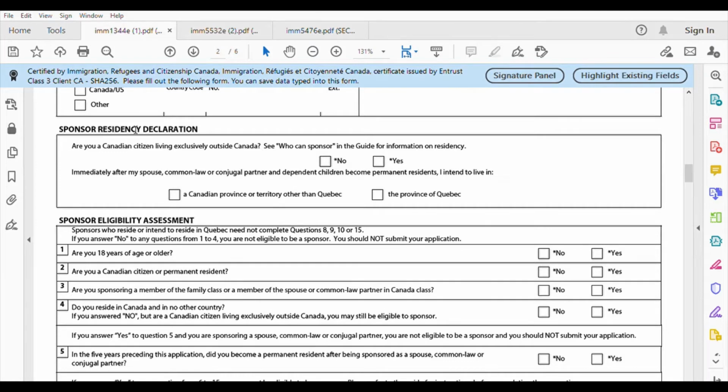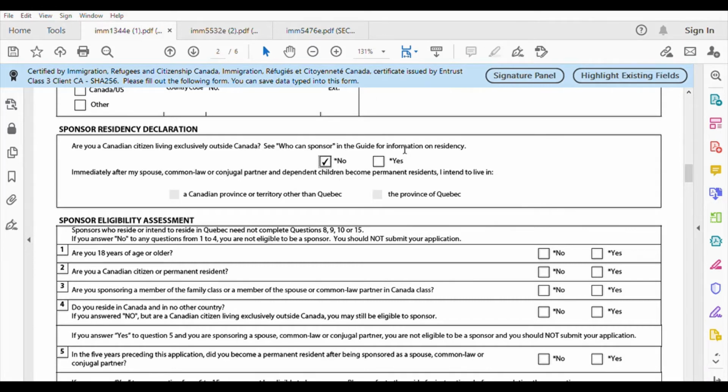Sponsor residency declaration. Are you a Canadian citizen living exclusively outside Canada? So you choose no or yes. Immediately after my spouse, common law, conjugal partner, etc., I intend to live in a Canadian province other than Quebec. But in our case, we are talking about someone who is in Canada, so we choose no here.